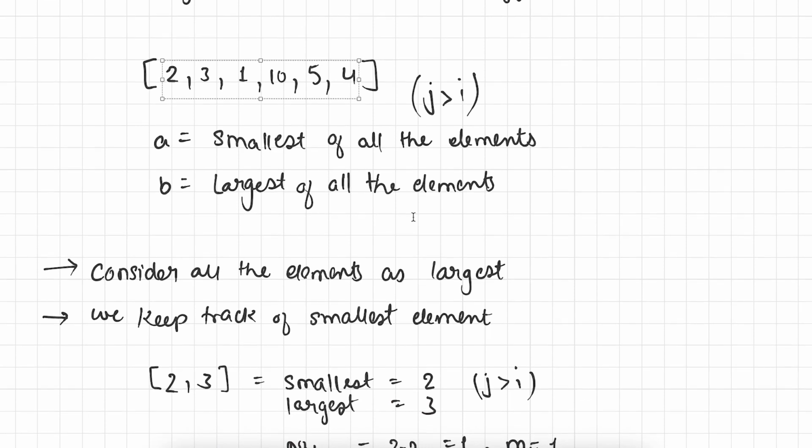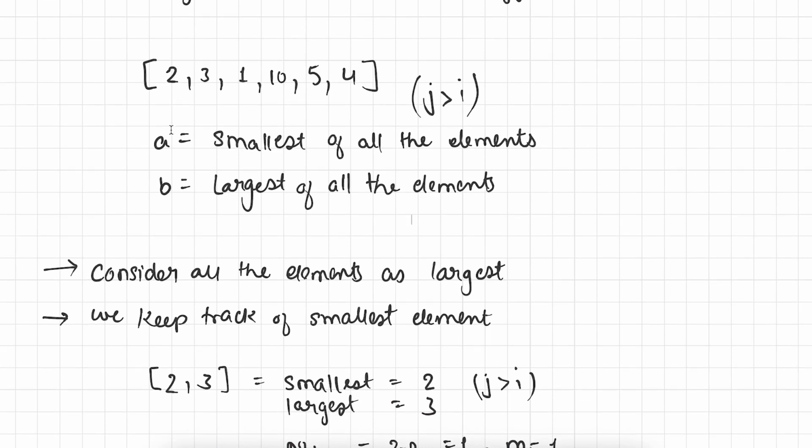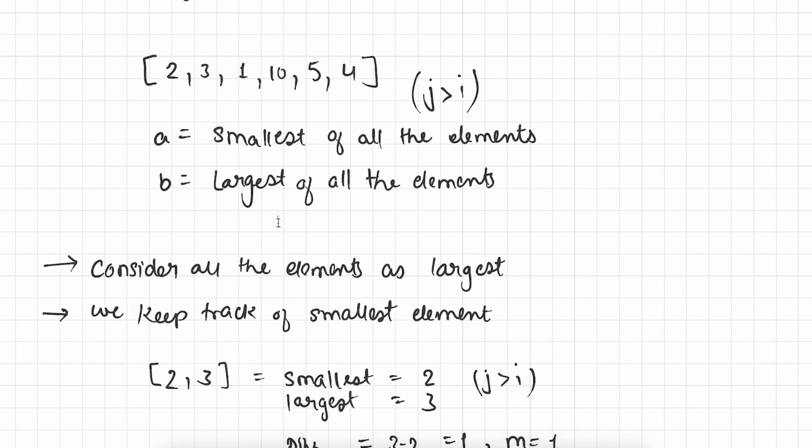What we are going to do in this approach is consider every element as the largest element, and we simply keep track of the smallest element, and whenever we find a new smallest element, we update it, and with the smallest element we find the difference. And if the difference is maximum, we update our current maximum.